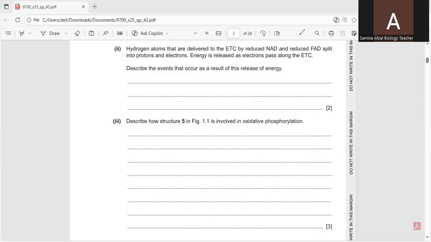The energy released is used by complexes 1, 3, and 4 to pump protons from the matrix into the intermembrane space between the inner and outer membrane. The buildup of protons in the intermembrane space creates an electrochemical gradient, which is then used by carrier 5 to synthesize ATP through chemiosmosis. So these are the events that occur as a result of this release of energy.